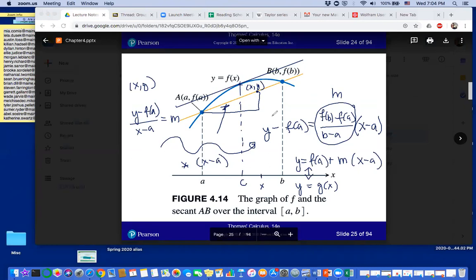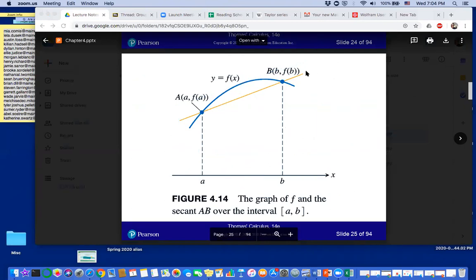Right, so now if I take this g of x and subtract it from my f of x, clear all my drawings. So what do you think the picture will be if I take f of x minus g of x?